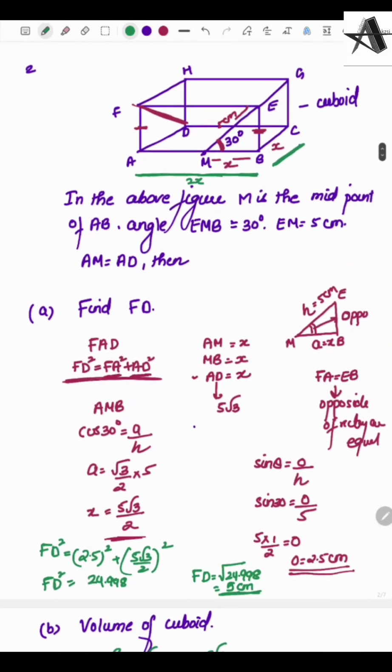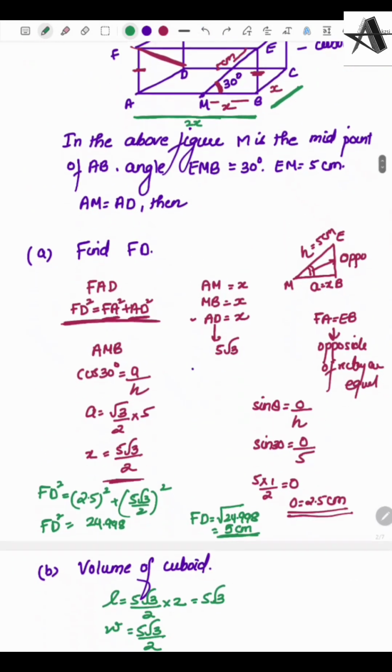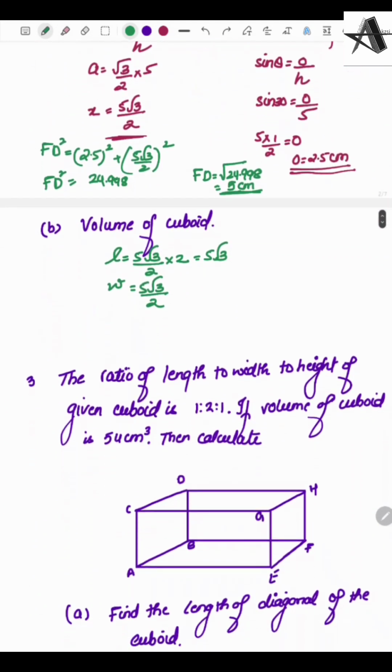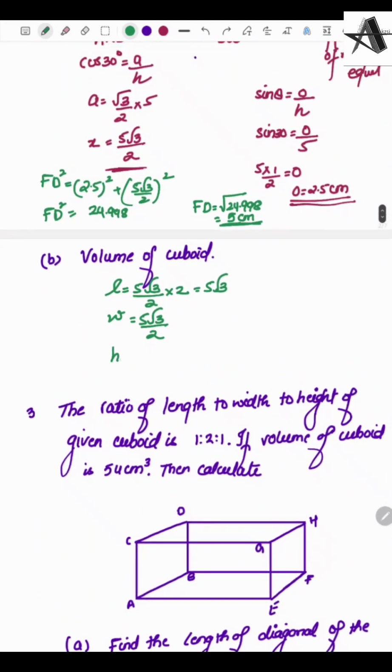And height. Height is FA. FA we calculated as 2.5 or 5 over 2. So calculating finally, it's length times width times height. It's 125 into 3 over 4.